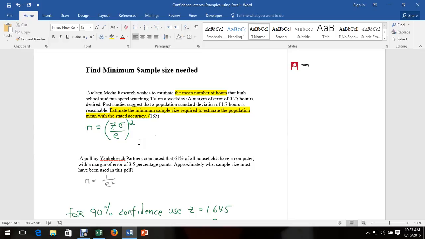I came out with 188.2, but the important thing to remember is if you come up with the same answer, 188.2, you always increase it to the next whole number, 189. You always increase it to the next whole number, which is 189. So no matter what your formula tells you, and you will come up with a decimal, even though it's 0.2, you always raise it to 189.